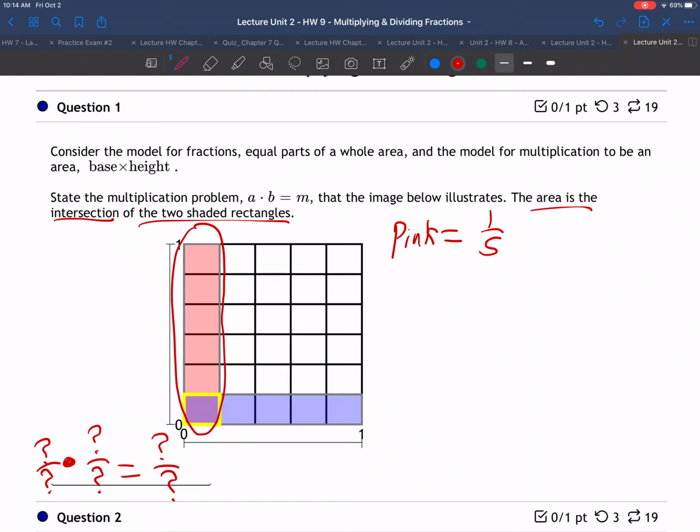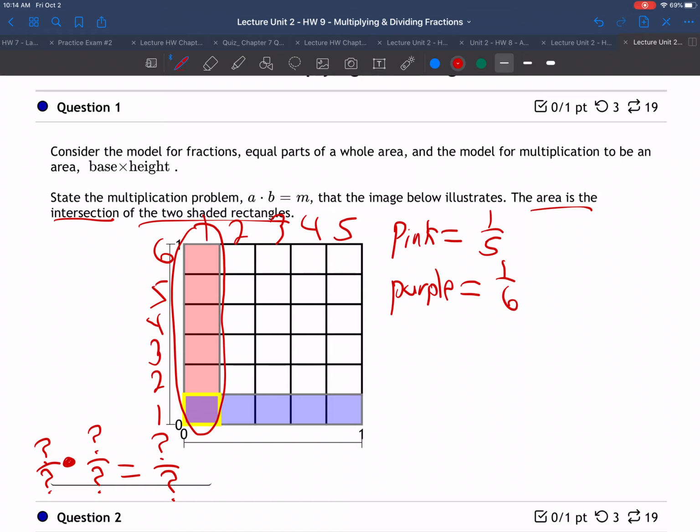Because, right, there's 1, 2, 3, 4, 5 columns. The pink is one column out of 5. The pink is occupying 1/5 of the whole area. And the purple, if we go this way, 1, 2, 3, 4, 5, 6, the purple is occupying 1/6 of the whole area, isn't it?